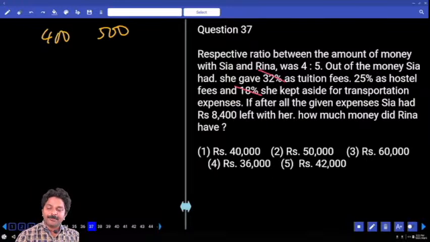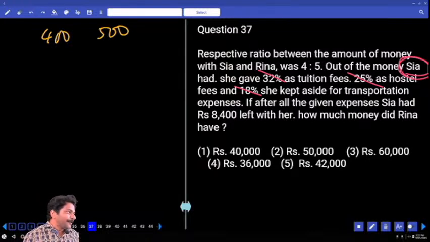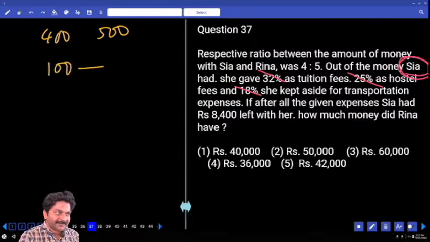So far 32 plus 18, 50. 50 plus 25, 75. 75% is over. Remaining is 25%. 25% that who has? Sia. Sia is first person. First person total value is 400. 25% of that number is 100. This is left.